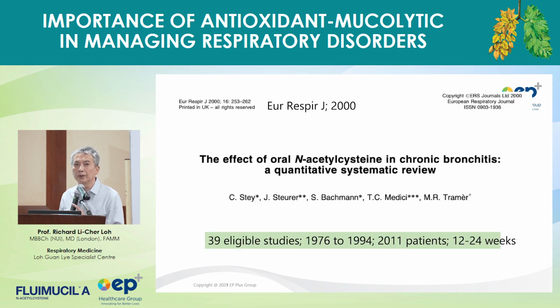Now, how about chronic bronchitis? So this is a systematic review, and this is an old study in 2000 in the European Respiratory Journal. It's an old study, and you can imagine that Flumasil has been used since 1976. It's an old drug. There were 39 eligible studies, over 2,000 patients, in studies of up to 2 years.